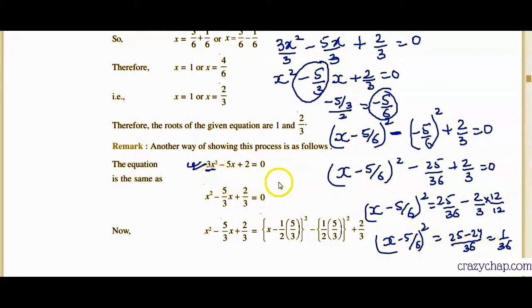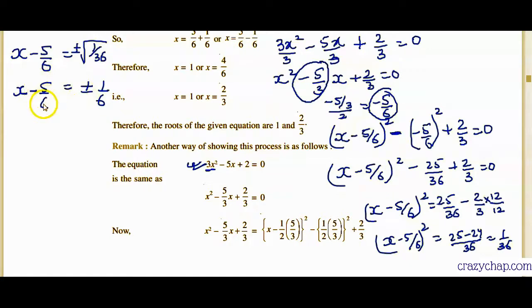Now in the next step we bring the square term to the other side. So x minus 5 over 6 equal to square root of 1 over 36. It is actually positive negative, that is plus minus 1 over 6. So x minus 5 over 6 equal to that. And then we bring negative 5 over 6 to the other side.